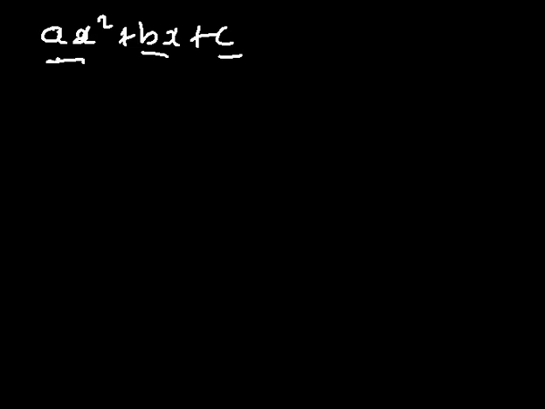In some cases we may have the quadratic part and the constant part, and we may need the linear part. And also in some cases we may have the linear part as well as the constant part, and we may need the quadratic part.